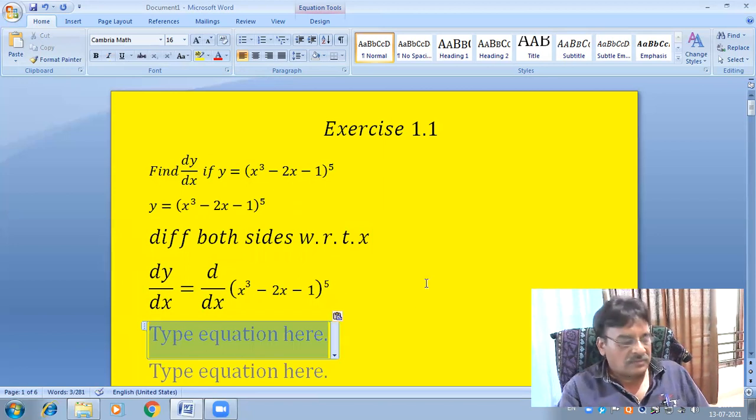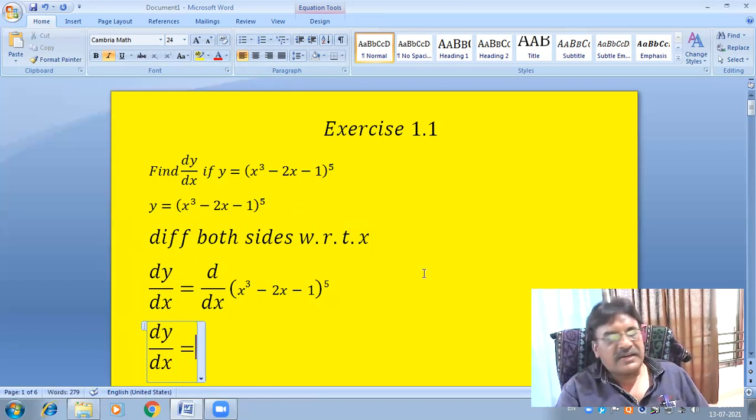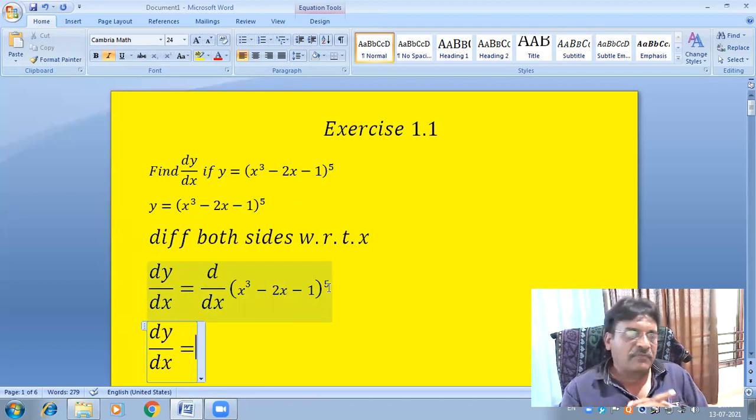For finding the derivative of this function, we use the simple derivative formula.